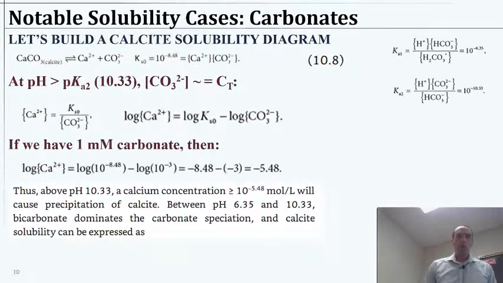Okay, so let's build a calcium, or a calcite, solubility diagram. So we've done a little bit of this type of stuff, and so this exercise should look pretty familiar.